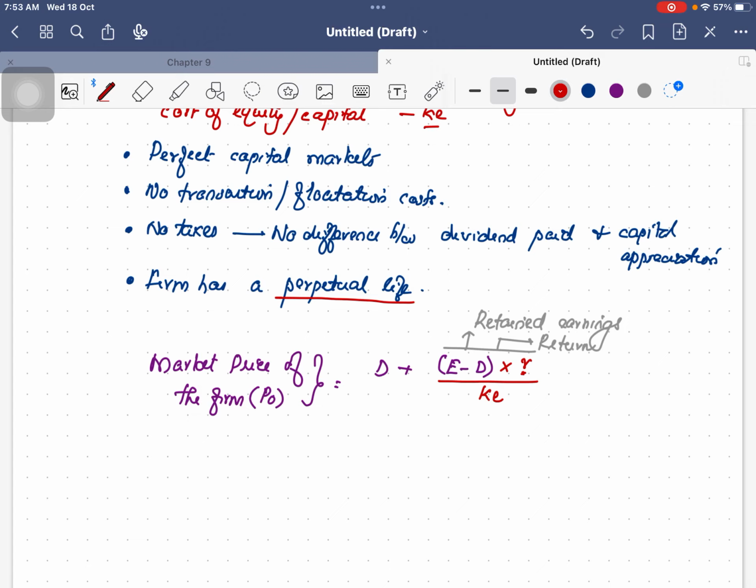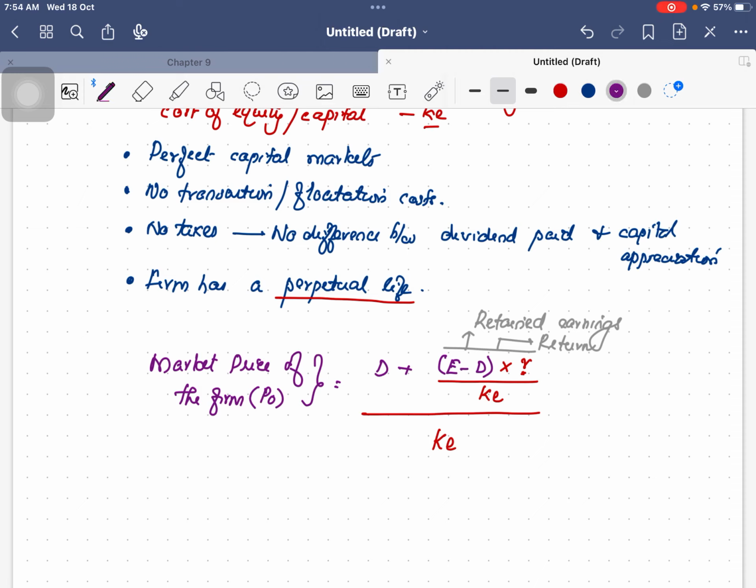Dividend will be paid every year, so you have to capitalize dividend also, and this (E minus D) into R by KE, that also you have to capitalize, because that is also a return you are getting every year. So what do you have to do? All divided by KE.